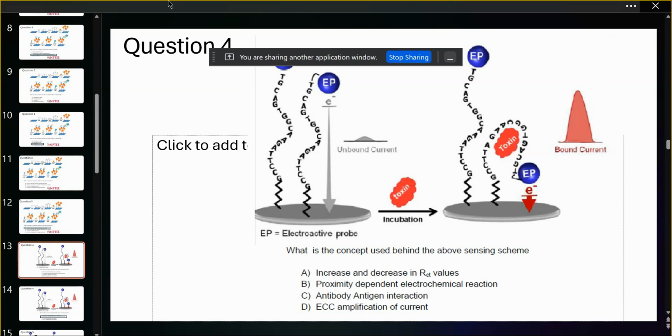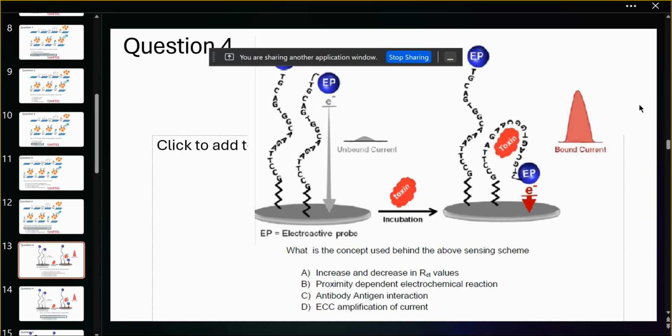Since we are using an electroactive probe, there is charge transfer happening from the probe to the substrate, and because the distance is quite high, the current sensed is less, and when the distance reduces, the current sensed is high. So that is why it is a proximity dependent reaction.